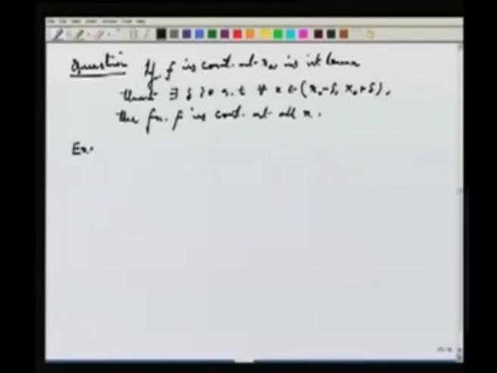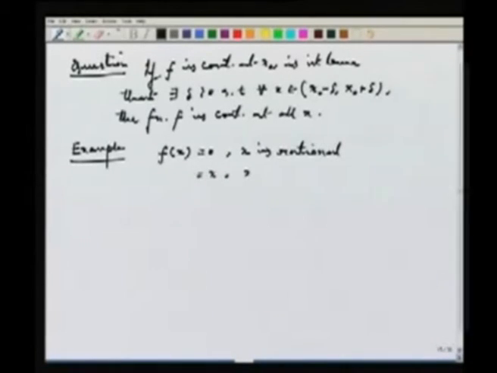So the example is this. Let us define this function f(x) equal to 0 if x is rational and equal to x if x is irrational. First, let us check where f is continuous.